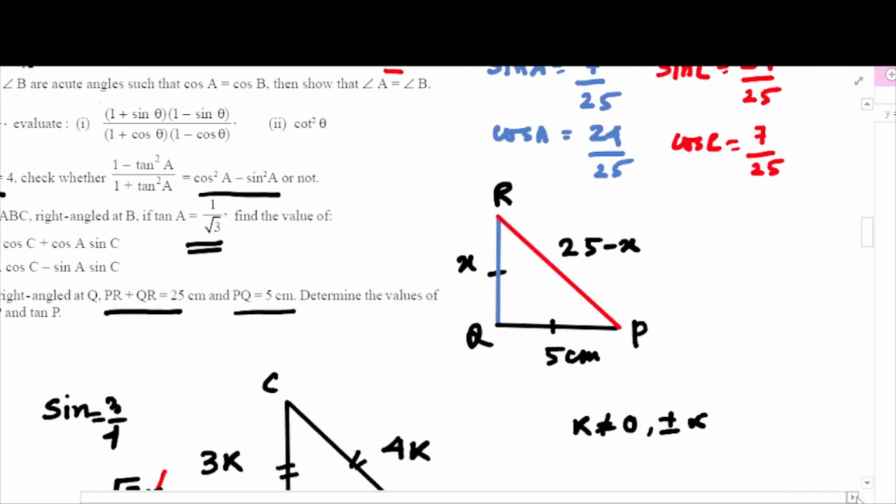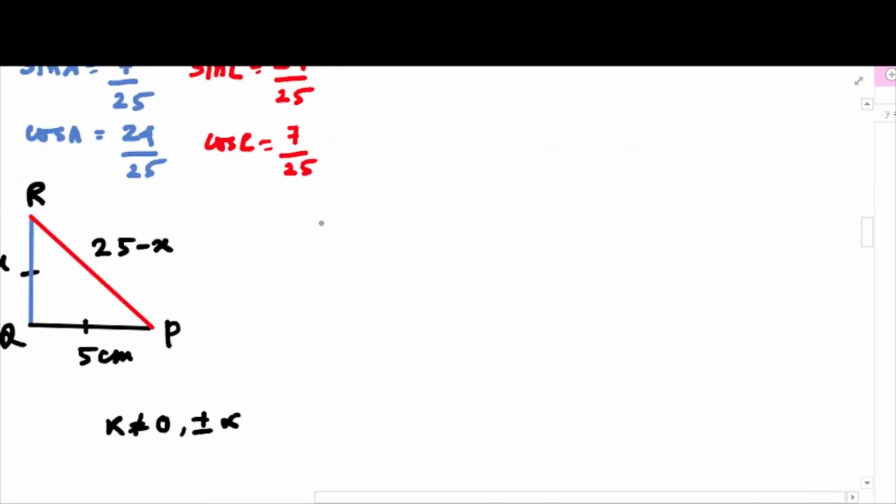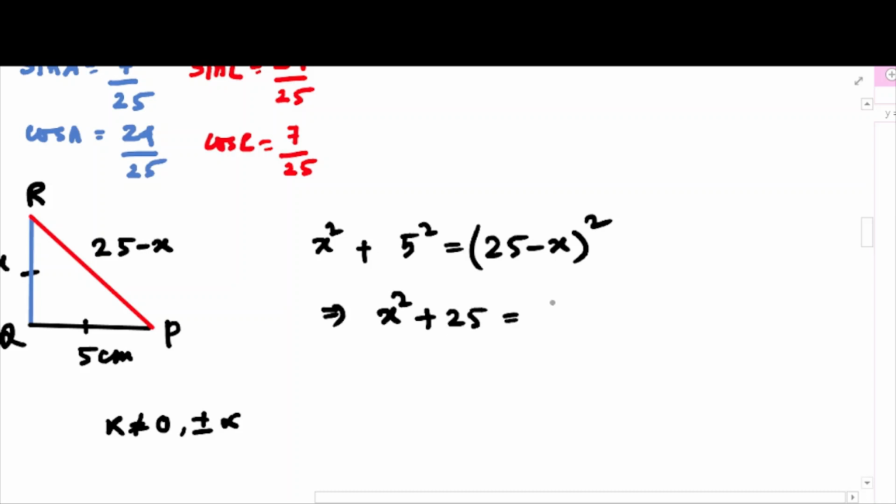Now on this particular triangle, if I apply the Pythagoras rule, what do I get? x square plus 5 square equals (25 minus x) whole square. That means x square plus 25 equals 25 square, that means 625, minus 2 into 25 into x, that means 50x, plus x square.